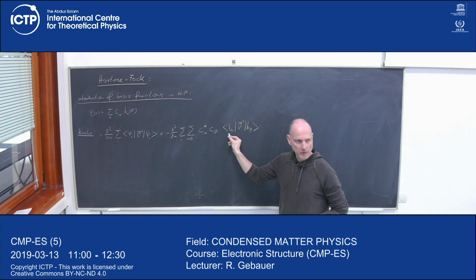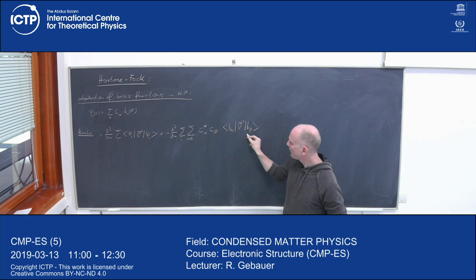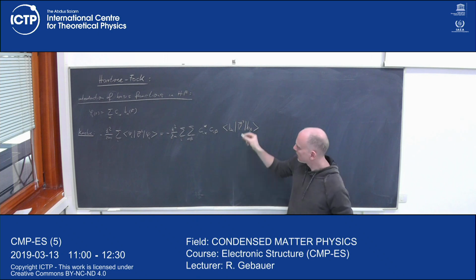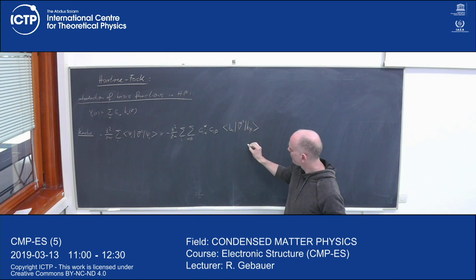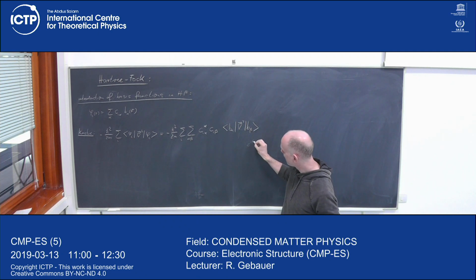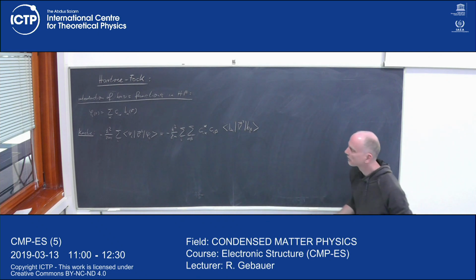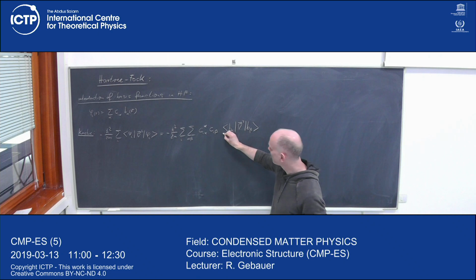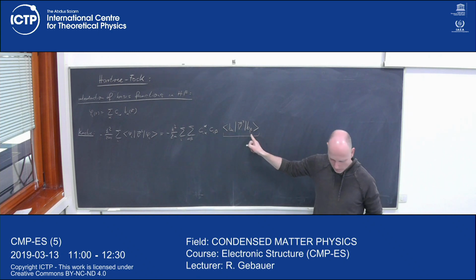So since the basis functions are things which we know, for example plane waves, this is something we can always calculate without needing to know the solution of our system. So for example, if this here would be e to the i g r, then the second derivative would simply give g squared. So this here is a matrix. The dimension of the matrix is the number of basis functions you have.